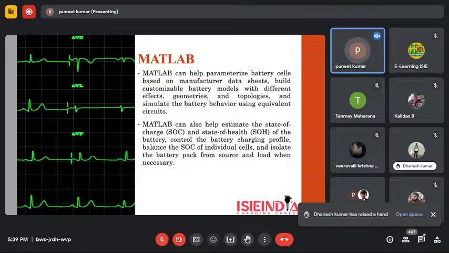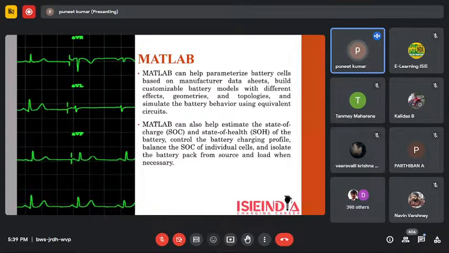If you see these businesses which have battery swapping, what they have done is they have made three categories of batteries. Suppose one battery whose state of discharge is really good and state of charge is really good, they directly give it to the passenger who needs it most. Their cost price is also a bit high.